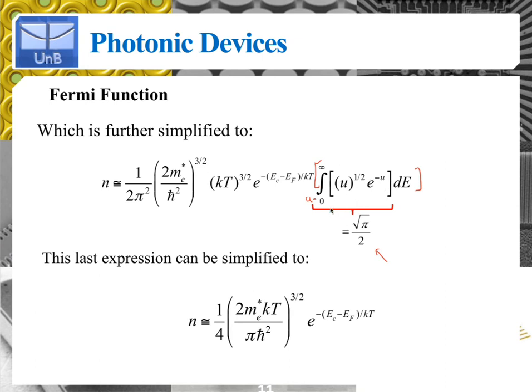So by doing some simplifications, we find that the carrier concentration, considering that we have done the Boltzmann approximation, is approximately equal to 1/4 of this right here, right? The constant, the 2 times the effective mass times kT divided by pi h bar squared to the power 3/2, times this term right here, which is e to the power of minus EC minus EF over kT.